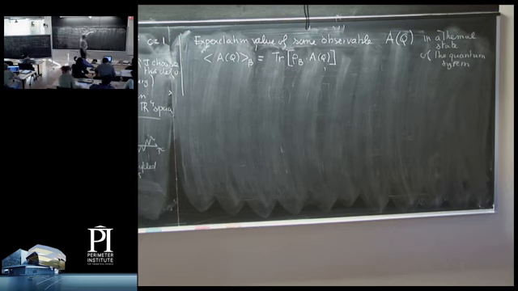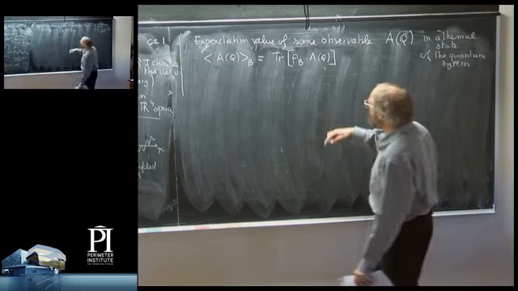This is the expectation value of an observable A measured on a system where you only know that this system is at a temperature T. Okay? And so what is this? This is the trace of exponential of minus U E of tau times A of Q divided by the trace of exponential of minus U E of tau.